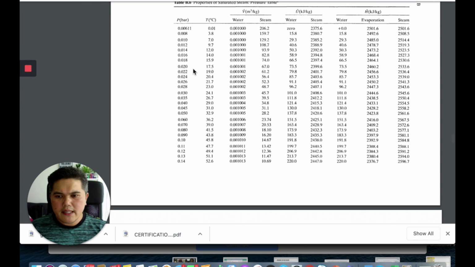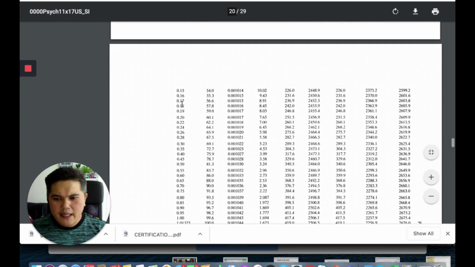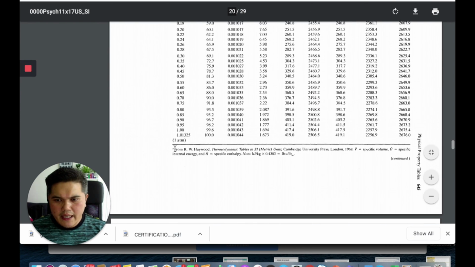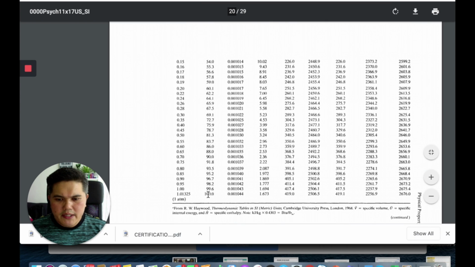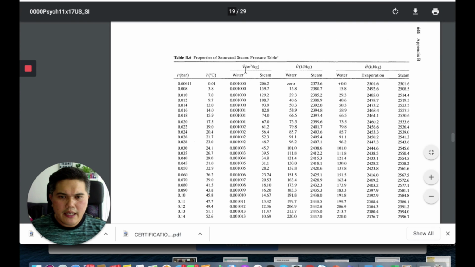In table B6, we go straight to 1 atm, which is somewhere around here. At 1 atm, the temperature is given as 100. Then we are given the specific volume, specific internal energy and specific enthalpy.